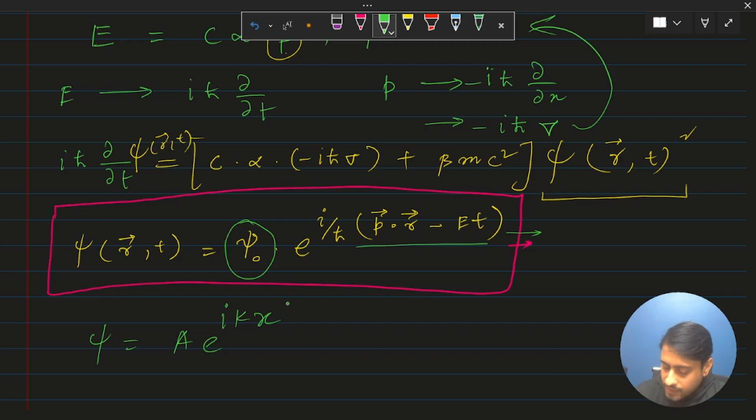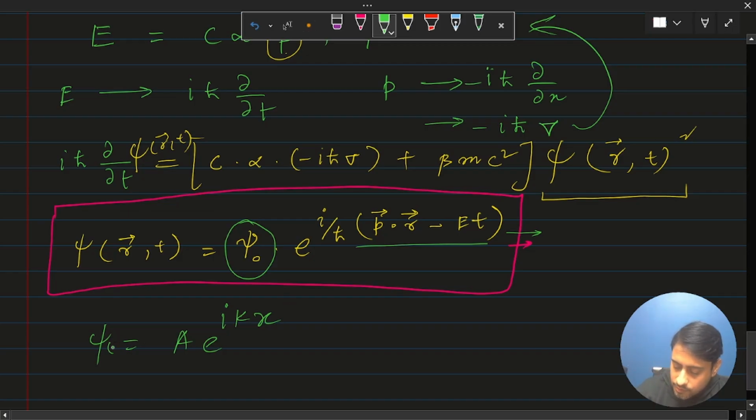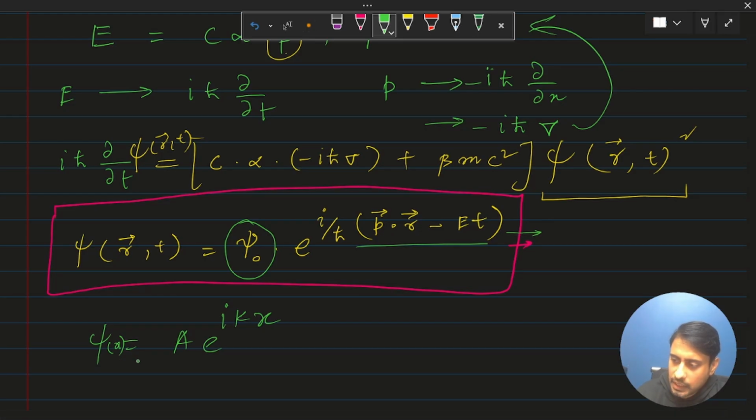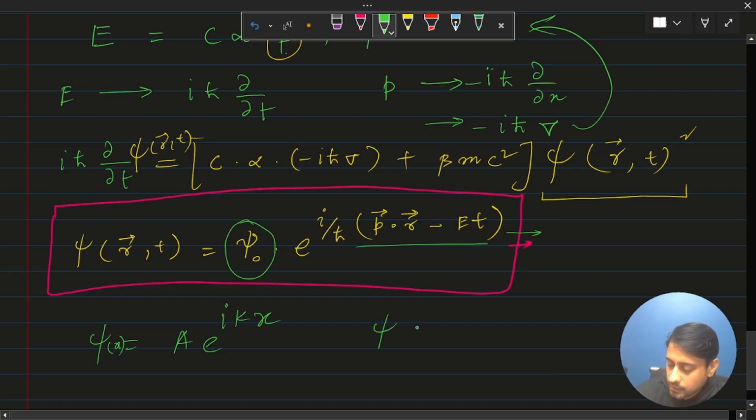But this is only a function of x, or you can say that at the time when you are taking this wave function, that is t equals 0. So basically this is psi of x comma 0 which we were previously writing.